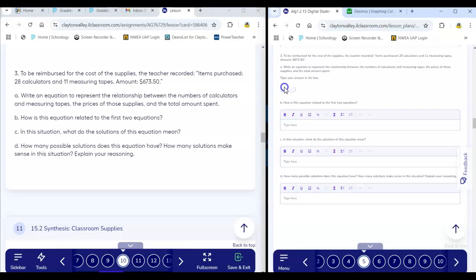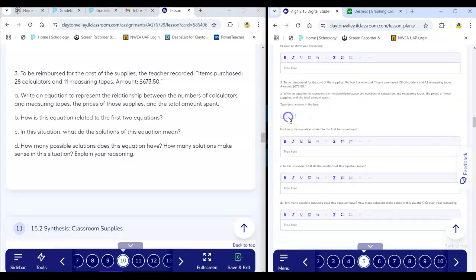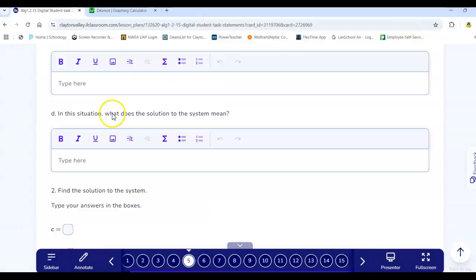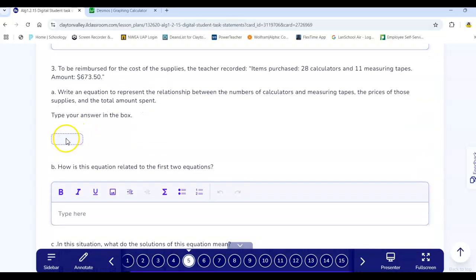So let's just go ahead and give that a try. I don't know why it's not letting me record it. I might have to make it bigger. It's being glitchy. So you would write 28C plus 11M equals 673.50. Let's see if this is going to work.